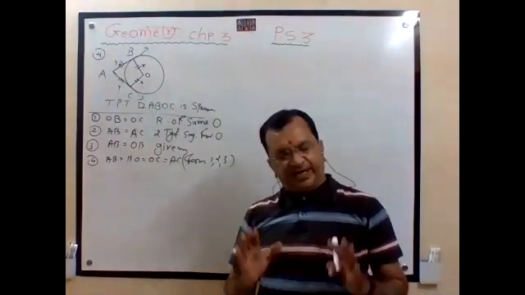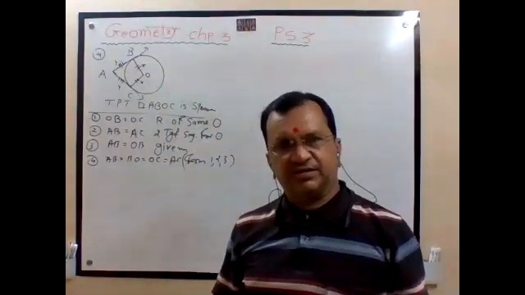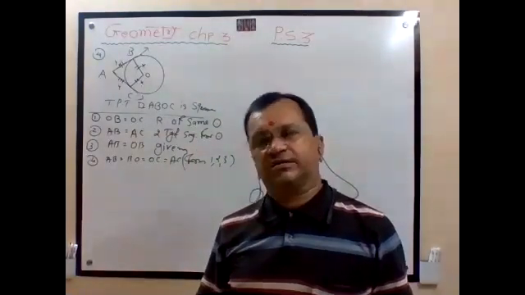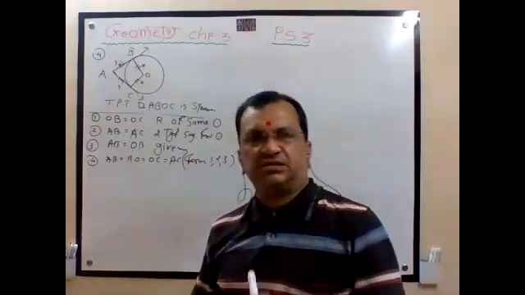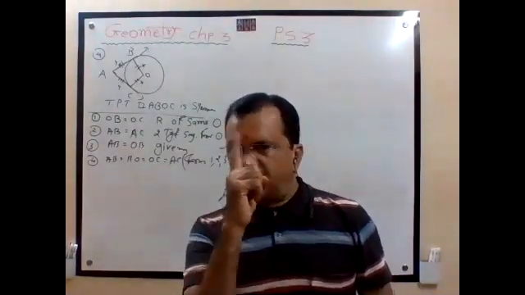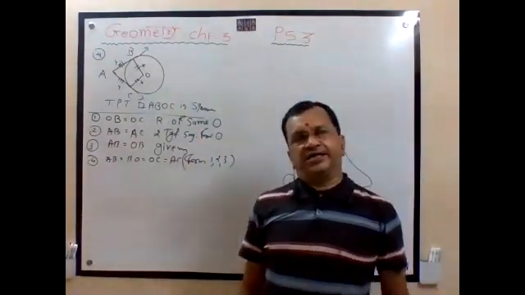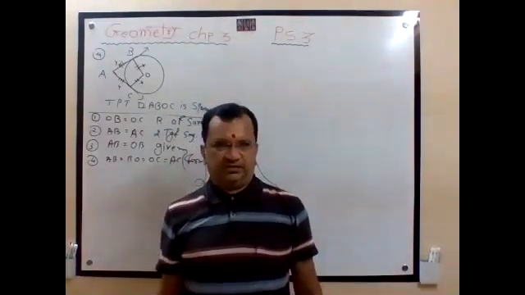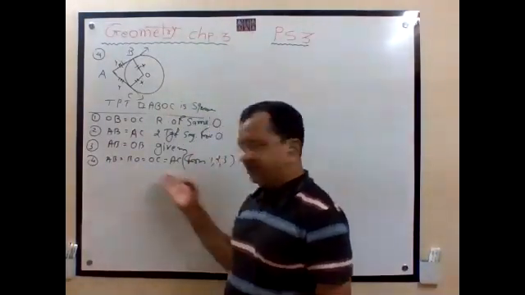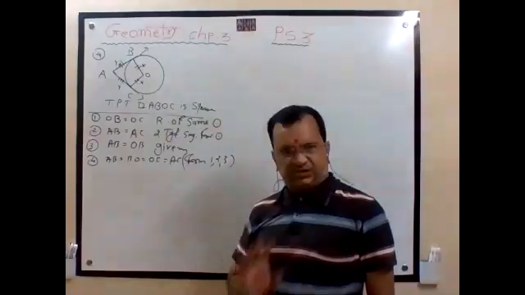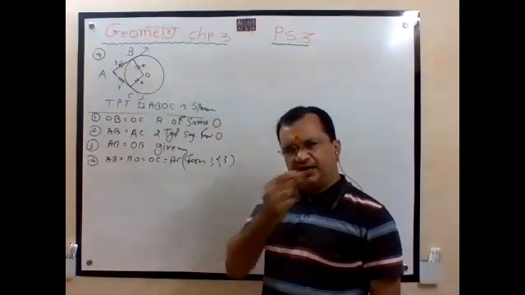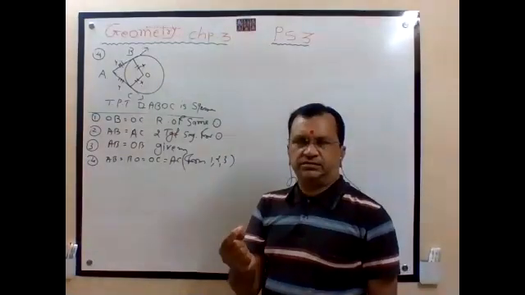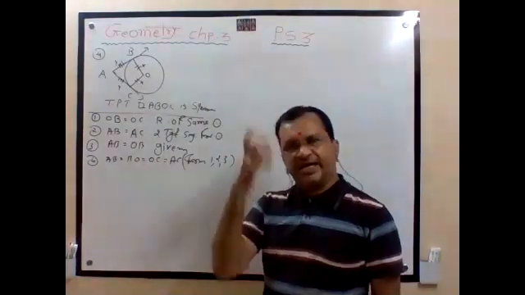If all sides of a quadrilateral are equal, it is not a square first, it is a rhombus. And in a rhombus, if a single angle is 90 degrees, then it is a square. All sides are equal, therefore it is a rhombus. But if any single angle out of 4 is 90, then it is a square.